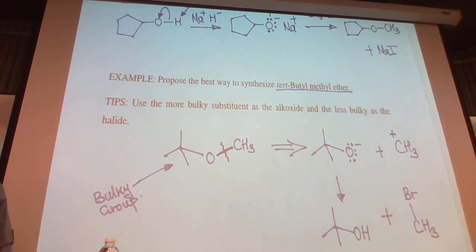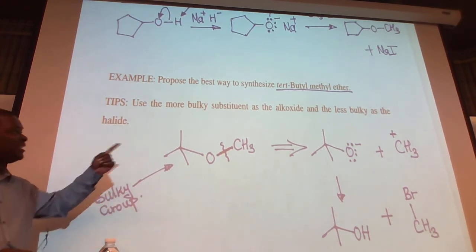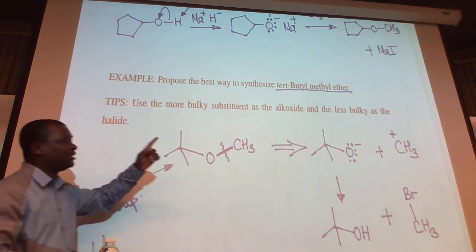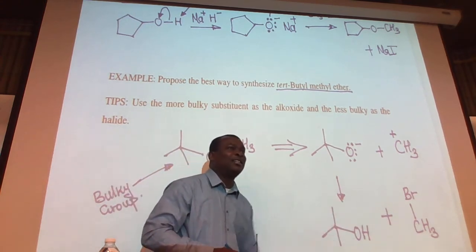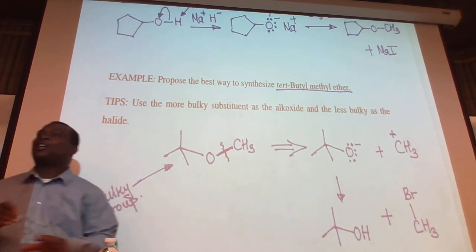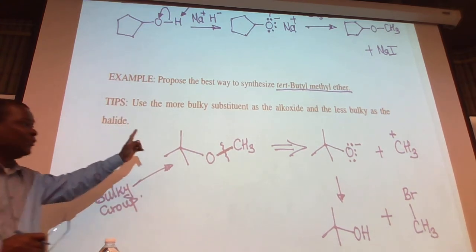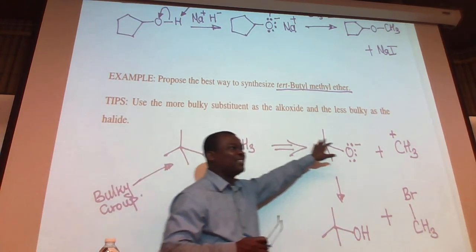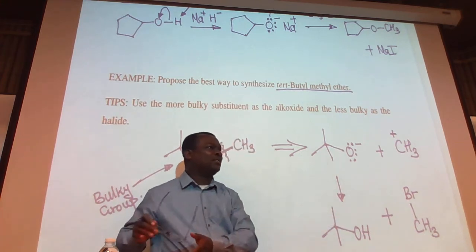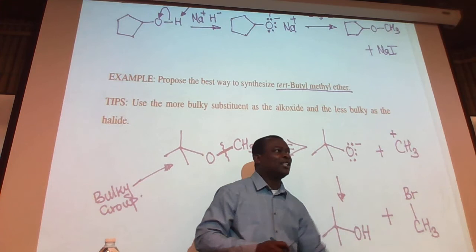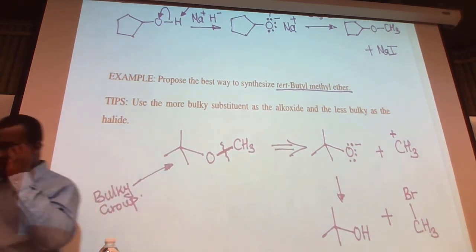So the actual starting substrates that we need to synthesize the tert-butyl methyl ether will be these two reagents. You are not done yet. It is asking you to propose the best way to do it. What I showed here is a retrosynthesis, working backward, breaking the bond to show what you will start with. Now you have to write the reaction.